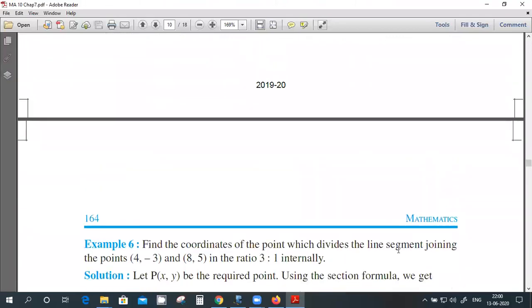Find the coordinates of the point which divides the line segment joining the points. The same thing, using the section formula.